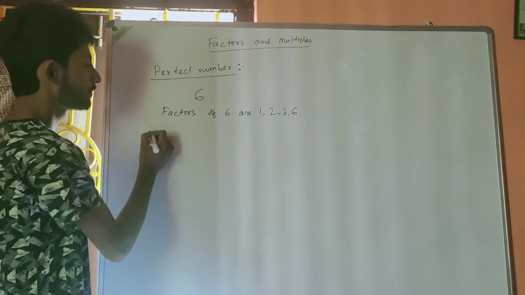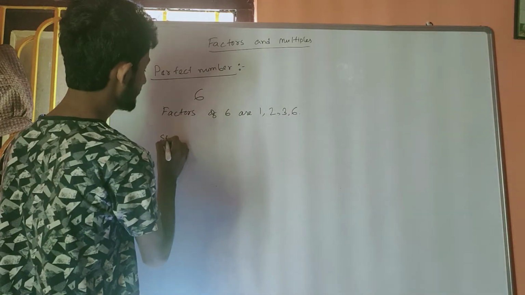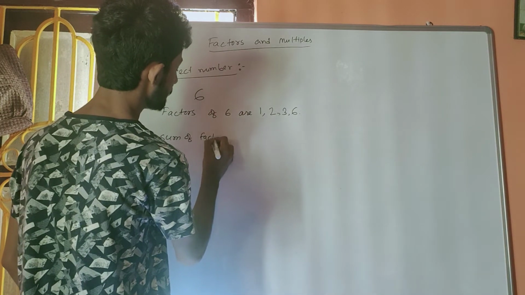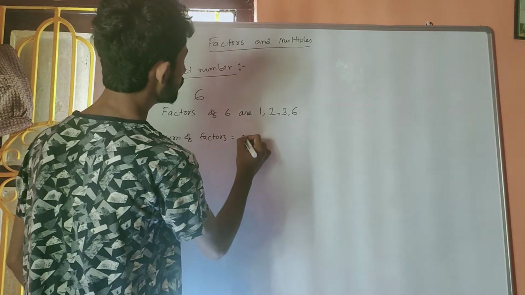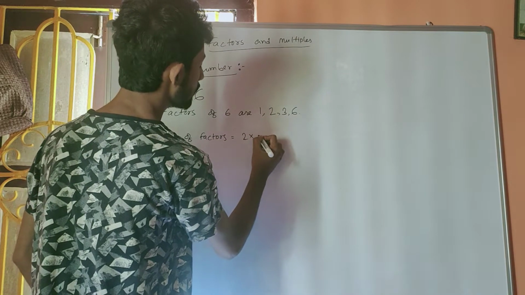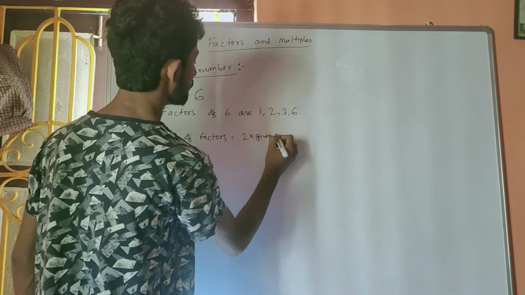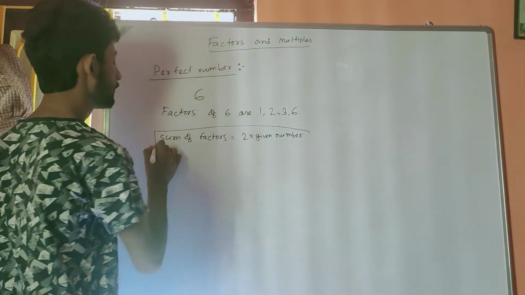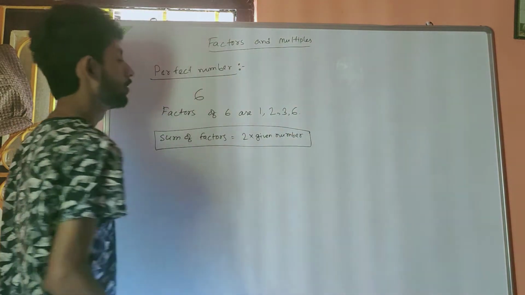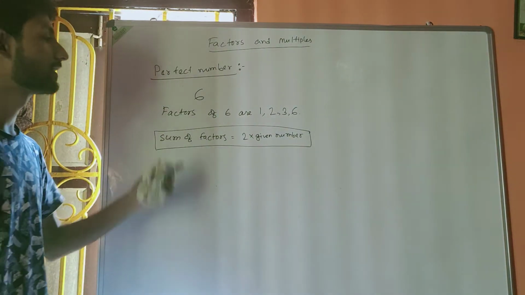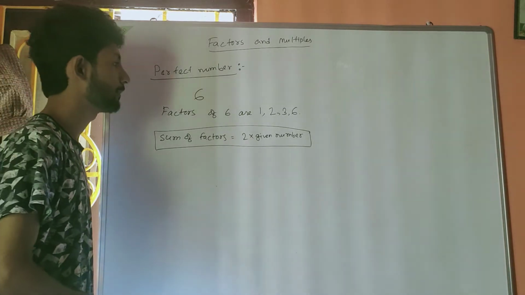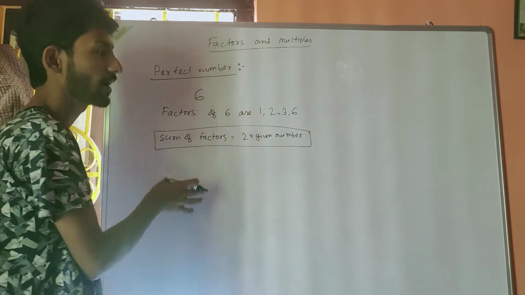Now, if the sum of factors equals 2 times the given number, then that number is called a perfect number. For 6, we can try it.